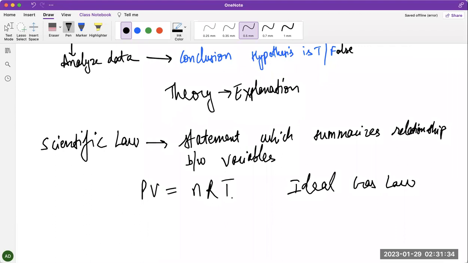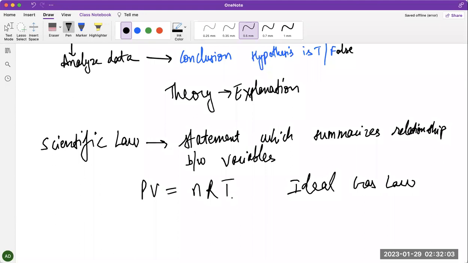Take my word right now that these are just different variables, and the relationship between them is explained with the help of the law. Again, this is not an explanation. This is not explaining anything, but just gives you the relationship between the variables, like if one changes, what happens to the other one. So again, remember that theory does not become law. They're two different things.